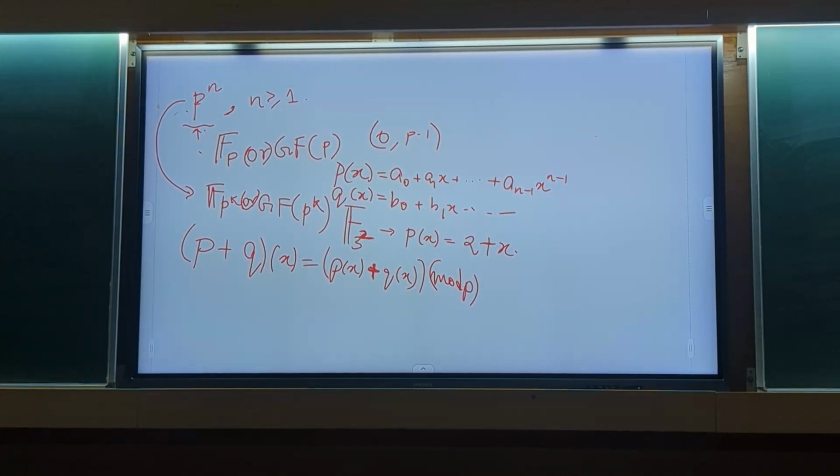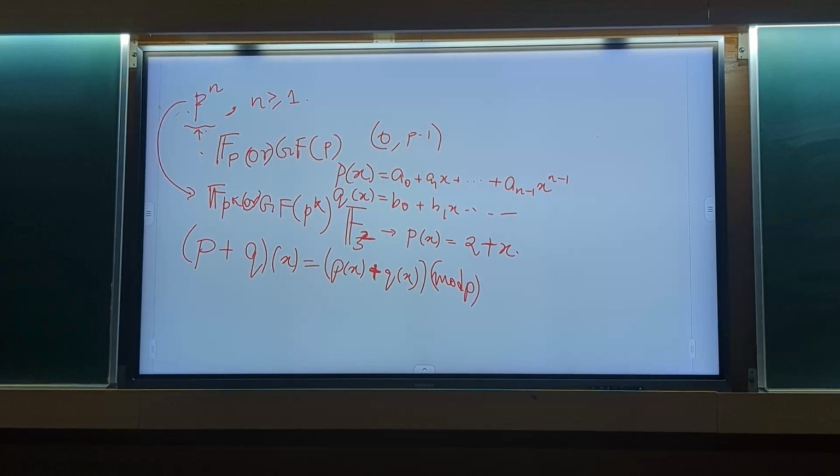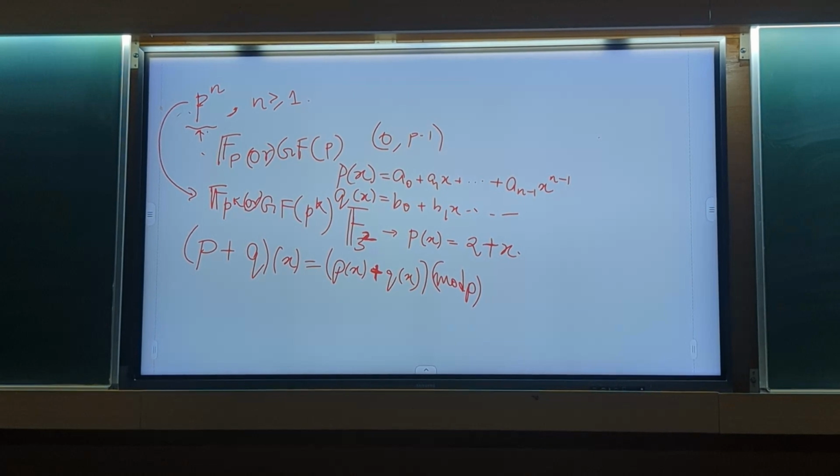If I have 2 plus x and 3 plus x, these are different because the constant coefficients differ. But if I have 2 plus x and 2 plus 4x, these are the same, since 1 and 4 are the same mod 3.